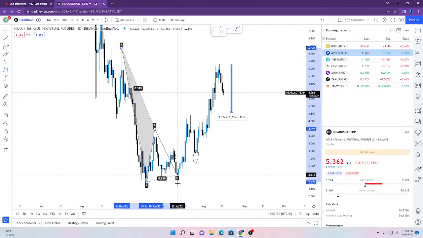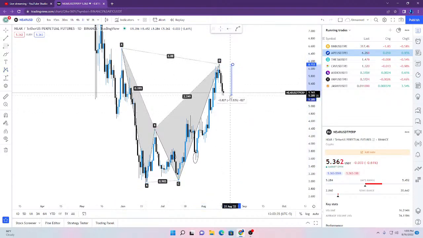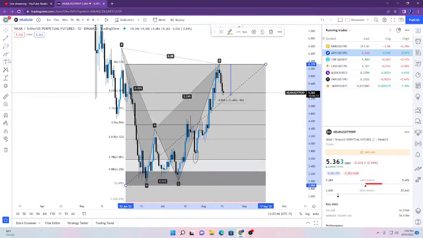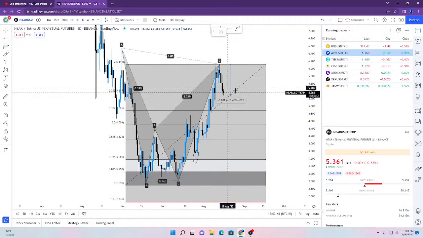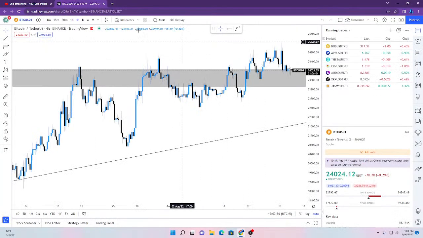This was the time that we should have taken entries, but this was the zone basically for NEAR, and the targets for NEAR, our first target would be this. Let me mark these: 3.82, 4.886.